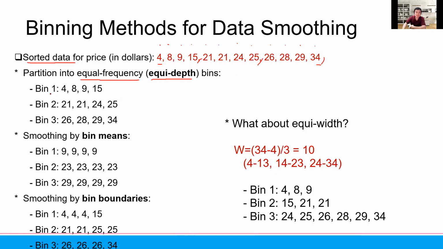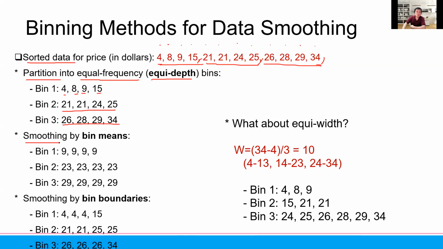Bin 1 will be 4, 8, 9, 15, the first 4 values. Bin 2 will be 21, 21, 24, 25, the next 4 numbers. And bin 3 will be 26, 28, 29, 34, the last 4 numbers. This is how to do the partition.